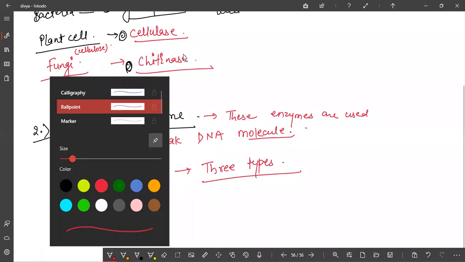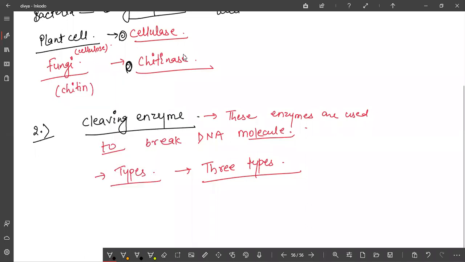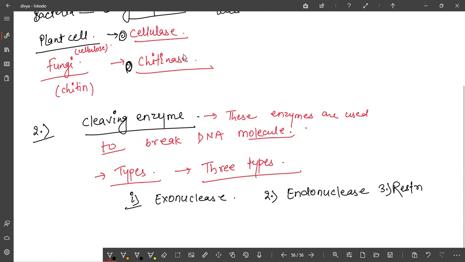Three types: exonuclease, endonuclease, and one more that is called restriction endonuclease. And which enzyme will you prefer in rDNA? You know that: restriction endonuclease. Okay.